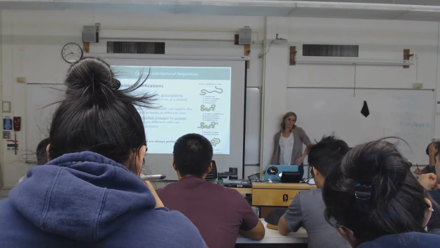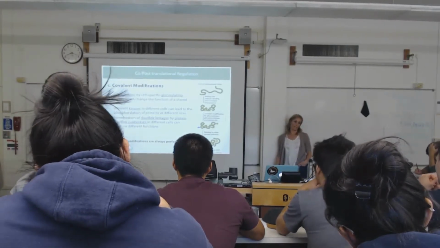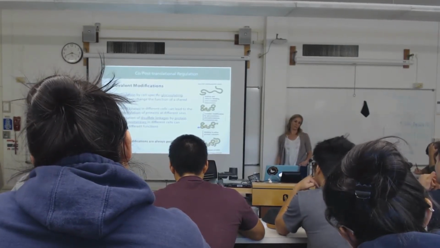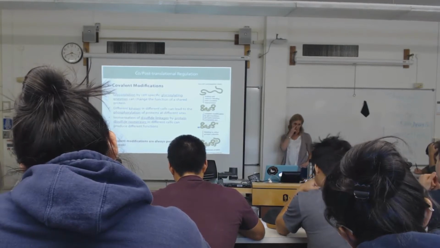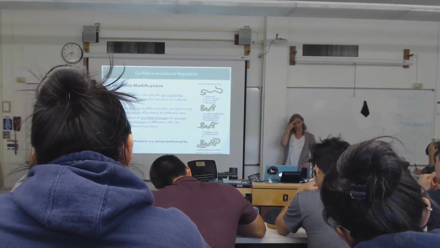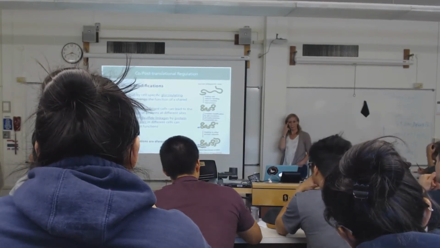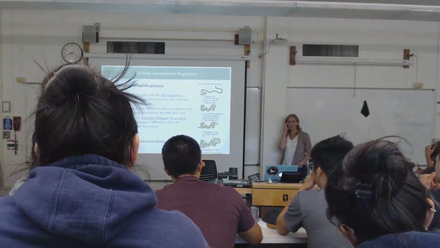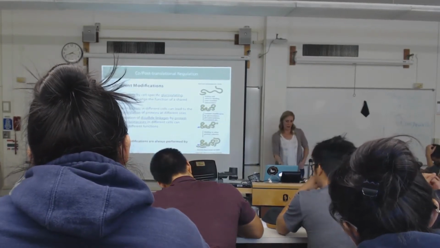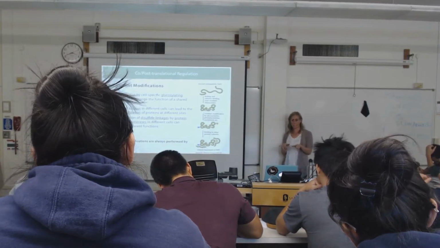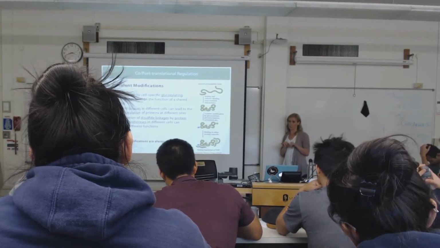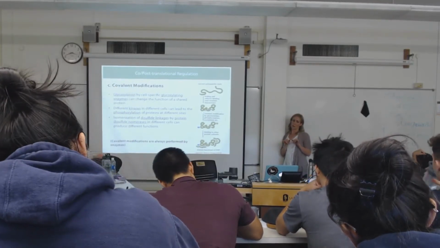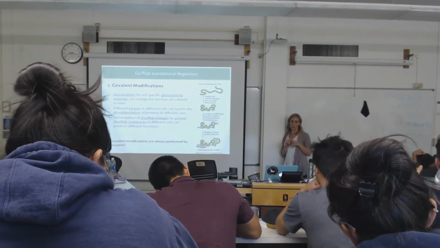Another big one is disulfide linkages, made by types of enzymes called protein disulfide isomerases. Does anyone know the name of the amino acid that has a sulfur group in it? Cysteine, you got it. Cysteines form these really strong disulfide bridges that can really influence the way proteins function.